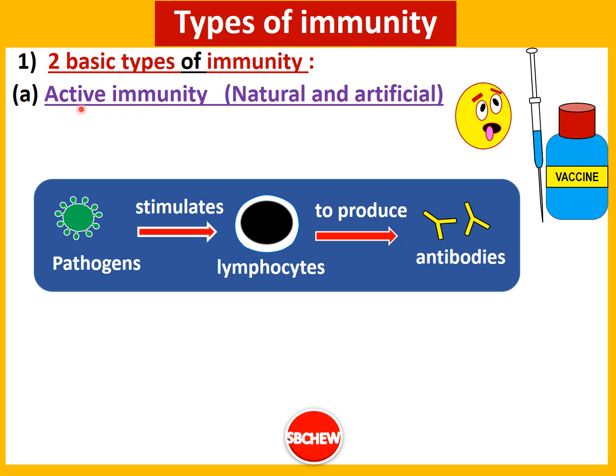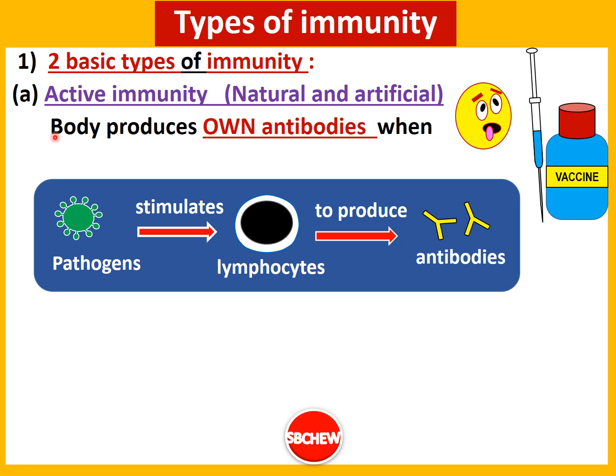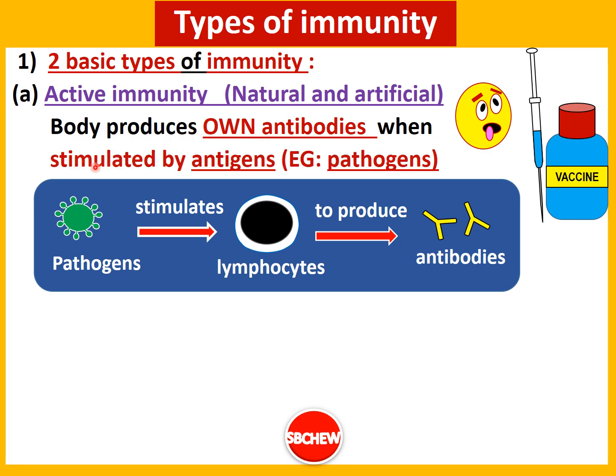The meaning of the word active immunity is that it is a type of immunity that is acquired when the body, the lymphocytes in the body, produces its own antibodies as it is stimulated by antigens. For example, pathogens that have entered the blood and the body. So pathogens such as viruses and bacteria that have entered the body and the blood will stimulate lymphocytes in the body to come to the defense of the body.